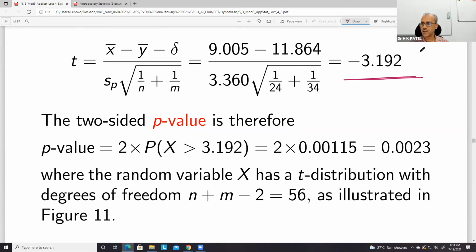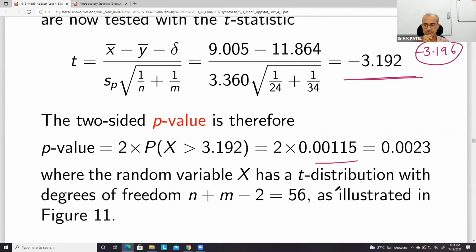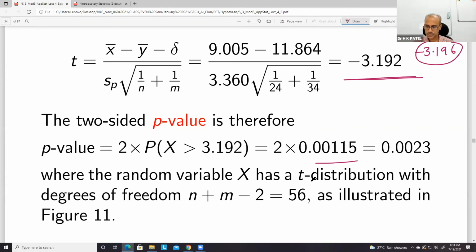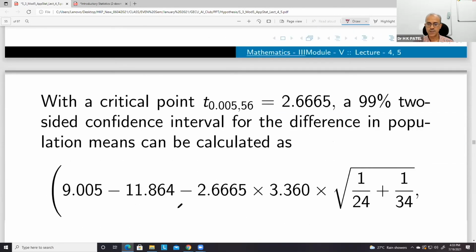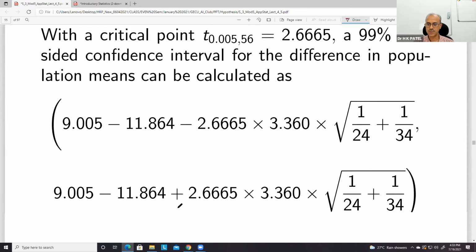Last time we had, I think, a minus 3.196 in the last problem. It's almost the same. The value is almost equal. Okay. So the P value is again less than 0.01, and therefore we can reject the null hypothesis from this approach. The confidence intervals are given.